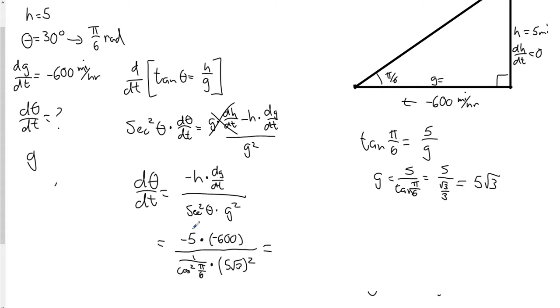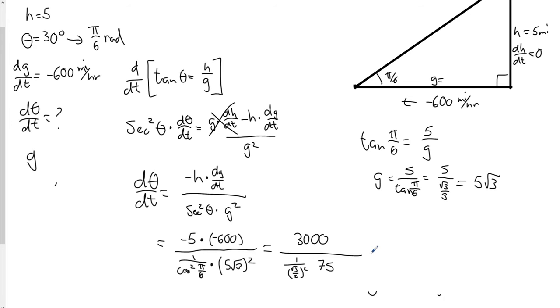Well, let's just start over. Start on the top. Negative times a positive is a positive. 5 times 6 is 30 with 2 zeros left over. All right. 5 squared is 25 times 3 is 75. And so 1 over the cosine of this, which is square root of 3 over 2 squared.